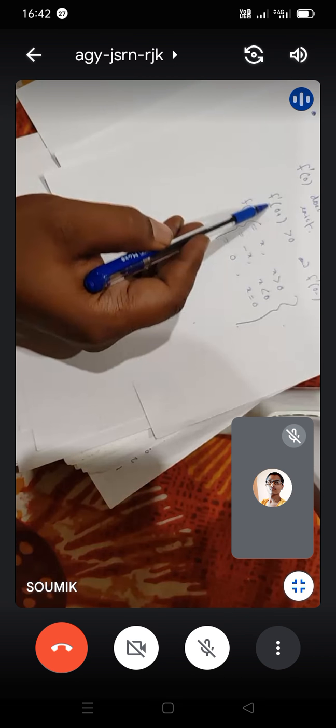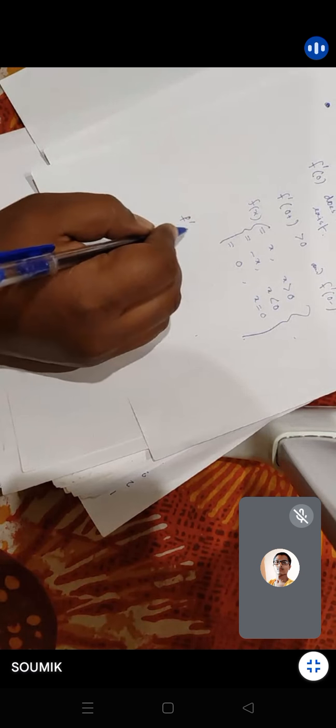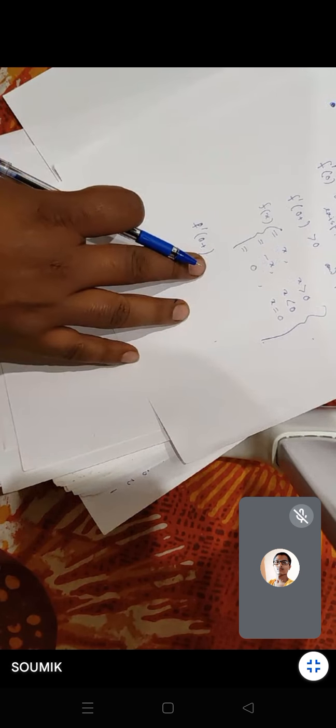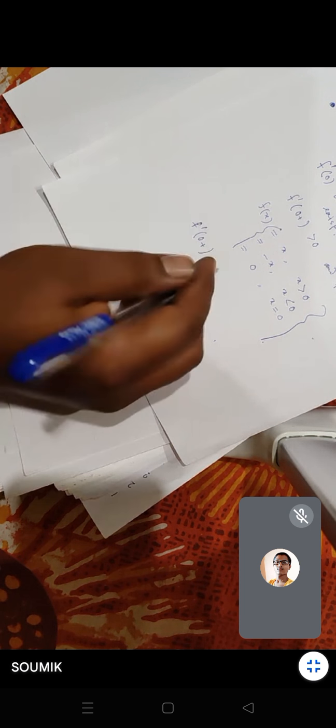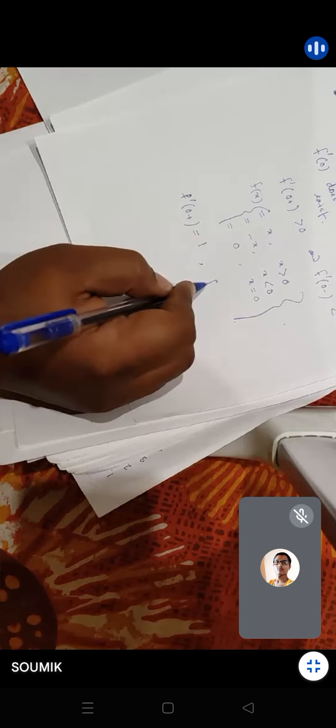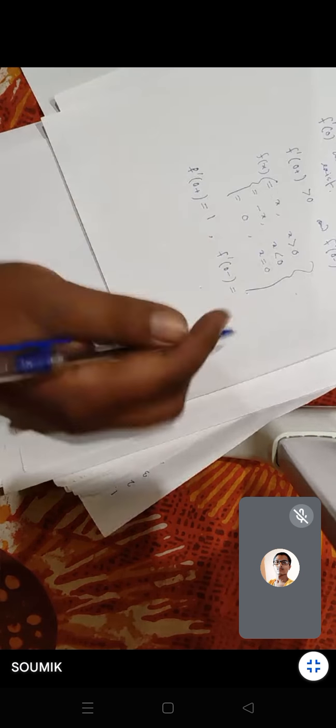তো যখন f dash 0 plus, f dash 0 plus কত হবে? বলো। 1. Right, this is 1. And f dash 0 minus, 0 minus টা কত হবে? -1. Minus 1.